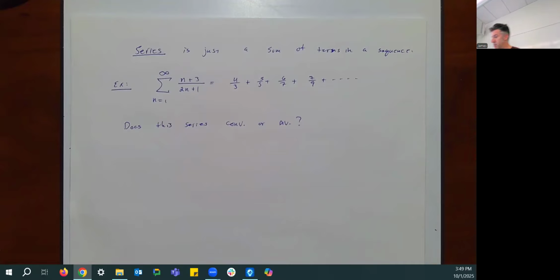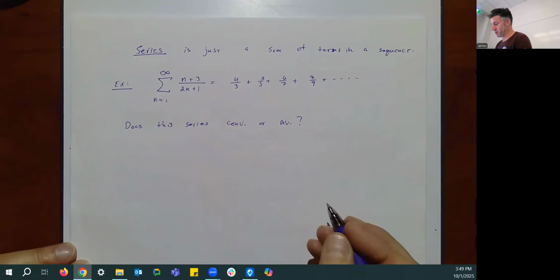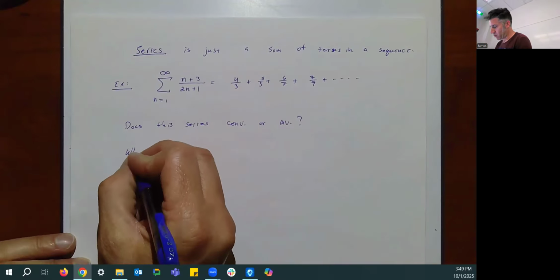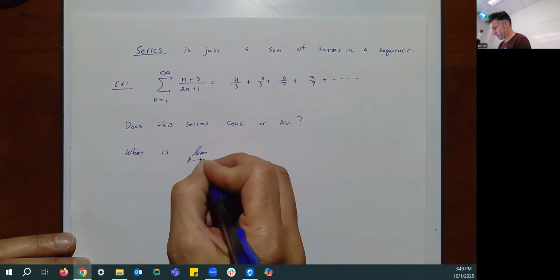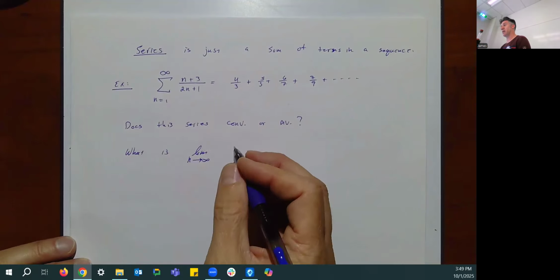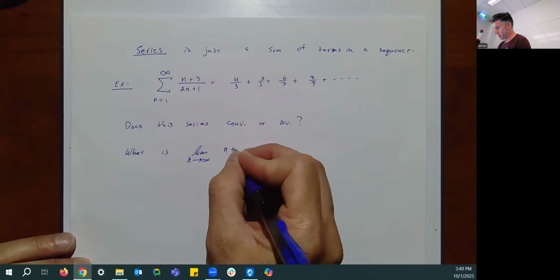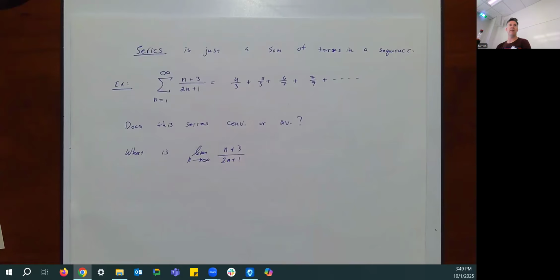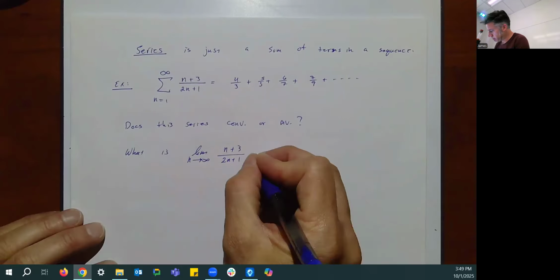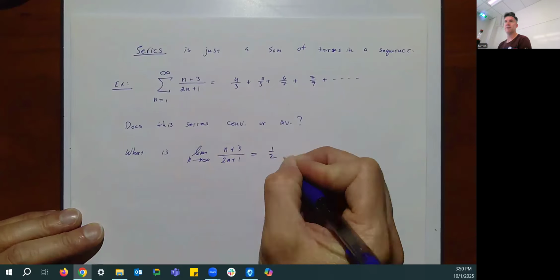So in this case, here's what we do. We ask ourselves, what is the limit as n goes to infinity of the sequence that we're taking the series of, (n plus 3) over (2n plus 1)? What's the limit of that? Well, it's 1/2.